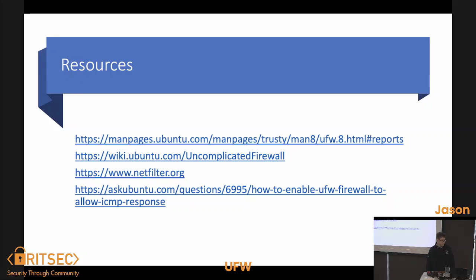Also, it's just another layer of defense, so you can be more finely grained with it. Pivoting and lateral movement can be defended against at the host-based firewall rule level, and also it's a good thing to do as best security practice.